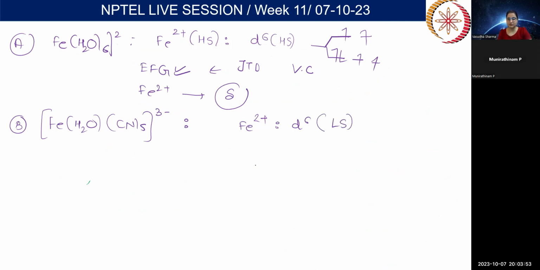Why am I saying low spin? If I'm having low spin, then valence contribution is 0. There would be lattice contribution or not?